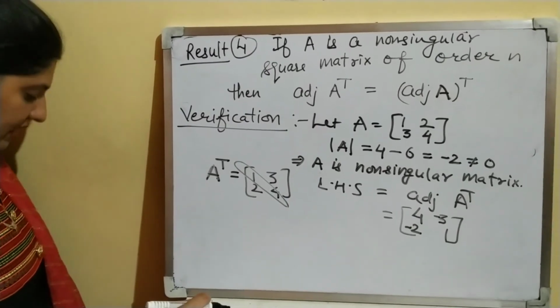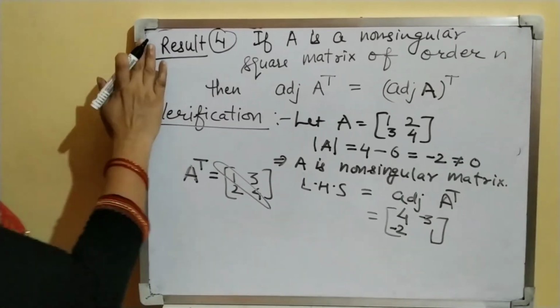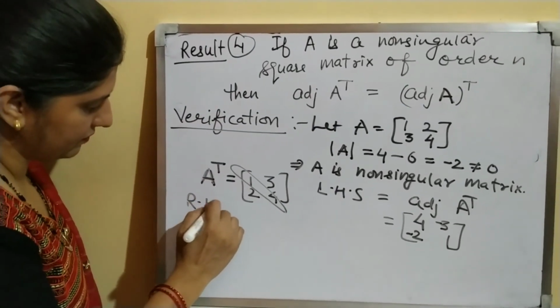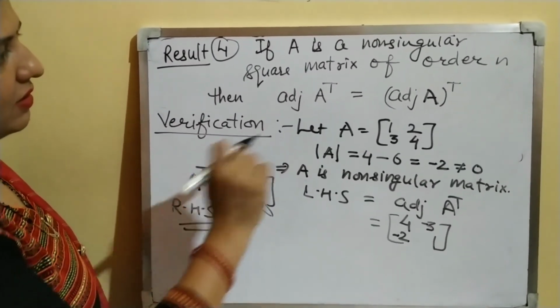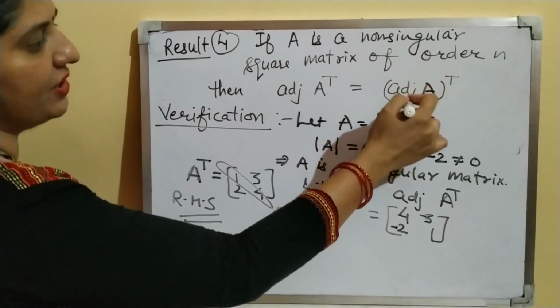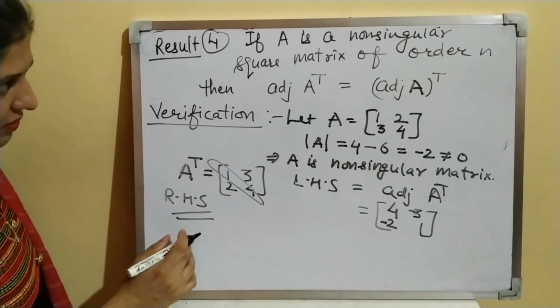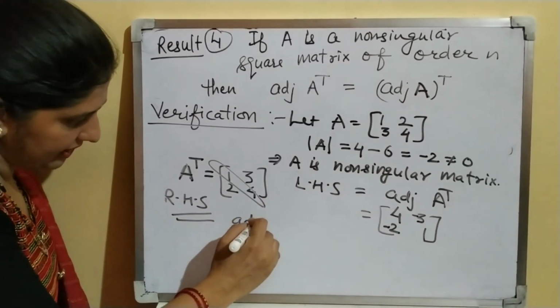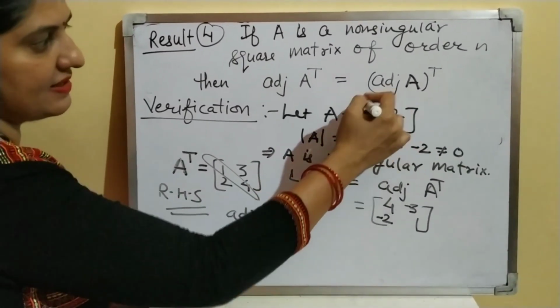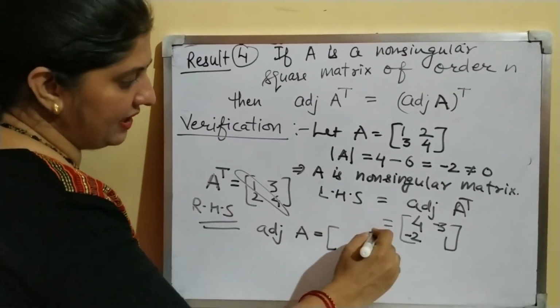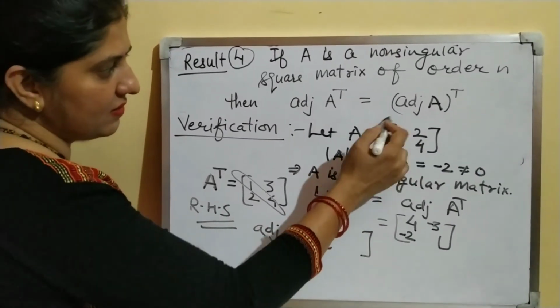Now, we calculate the right hand side. For the right hand side, first, we have to calculate the adjoint of A. Matrix A is this one. Find the adjoint of this matrix.